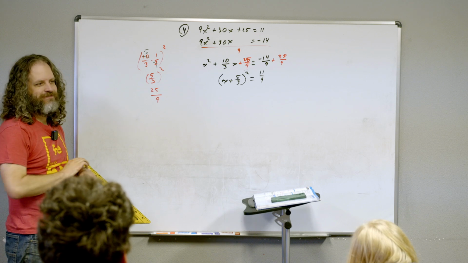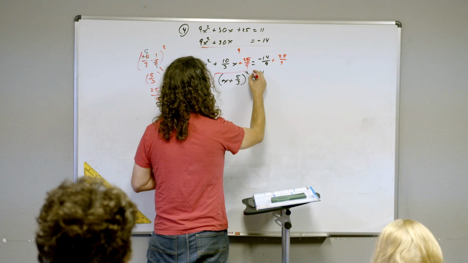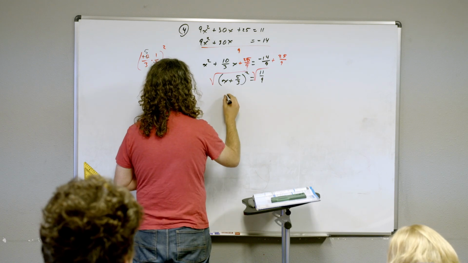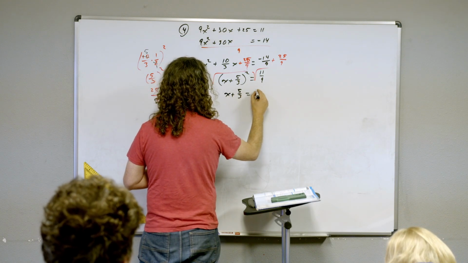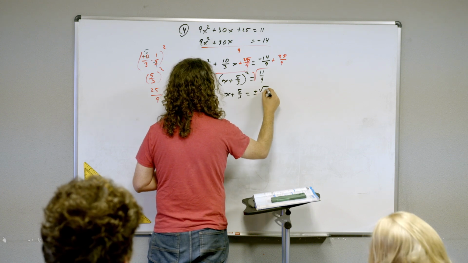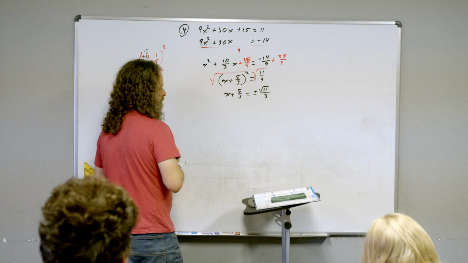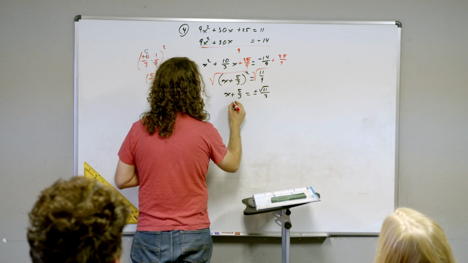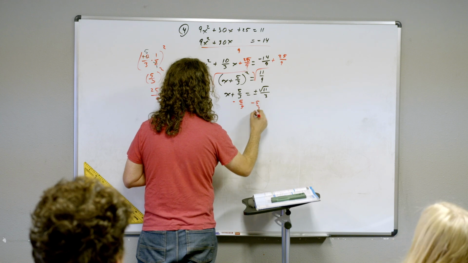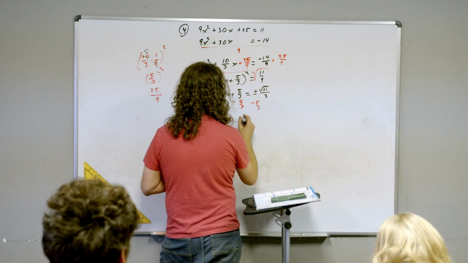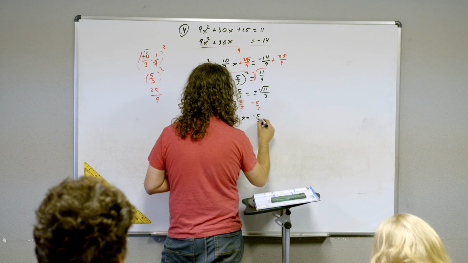And then what would we do? Yeah, square root, and don't forget that when we take the square root of both sides, we get plus or minus. So it's x plus 5 thirds equals plus or minus square root of 11 thirds. It did ask us for the stupid answer. I mean, it did. Both things. Same thing. So x equals negative 5 thirds.